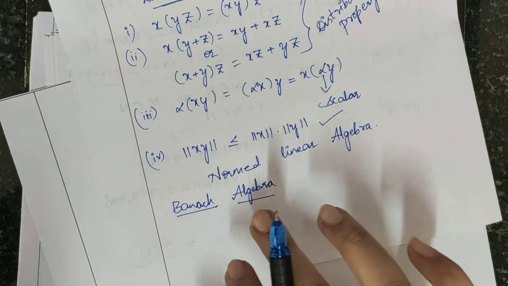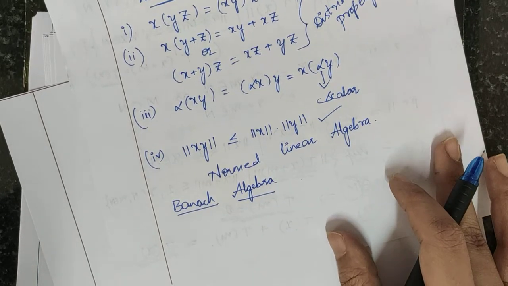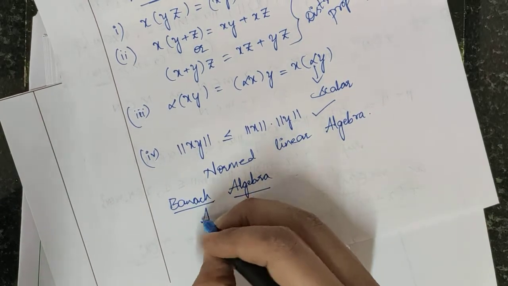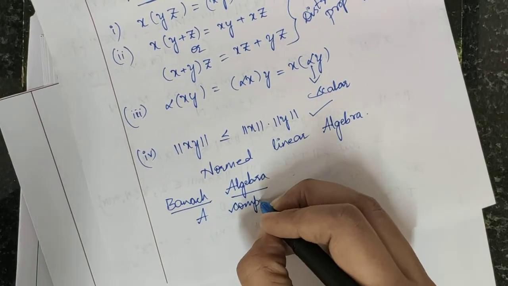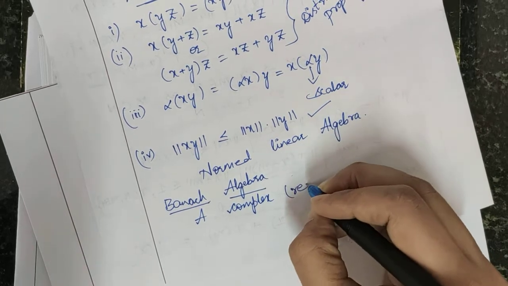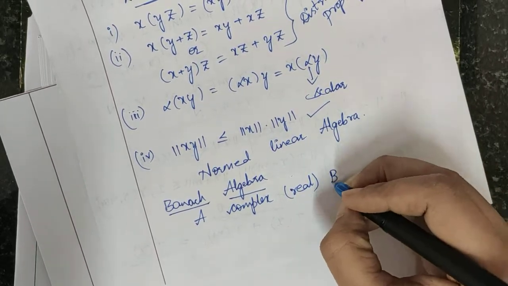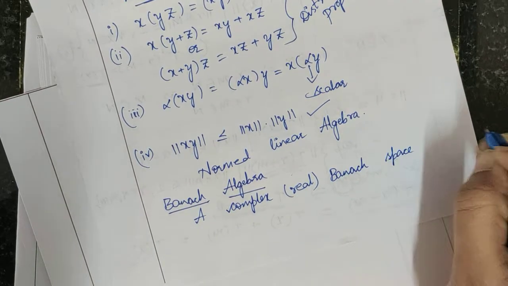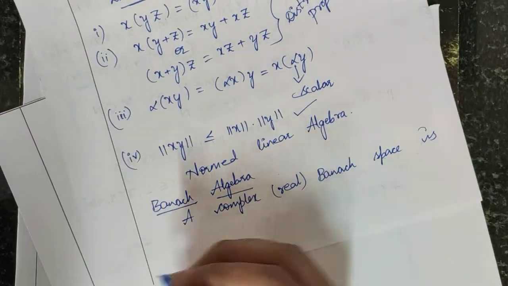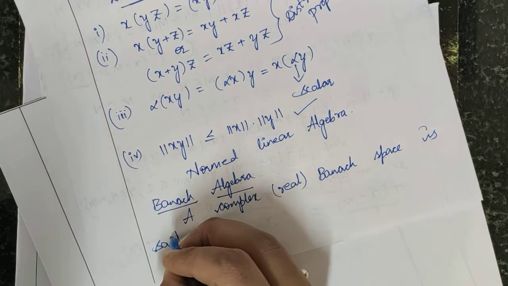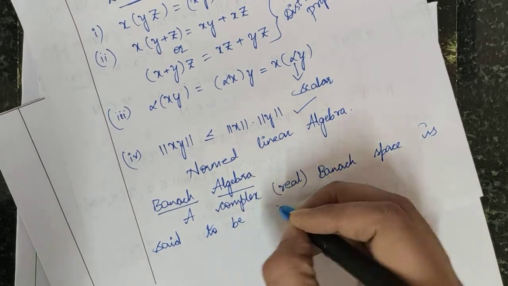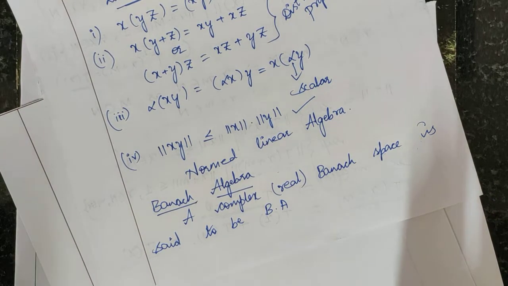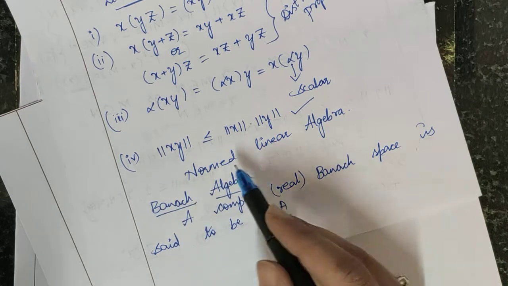I can define Banach algebra as follows: a complex or real Banach space is said to be a Banach algebra if it is a normed algebra.